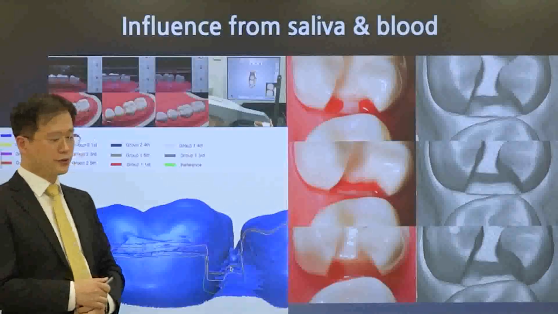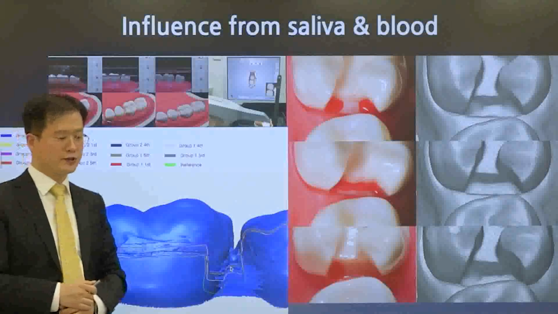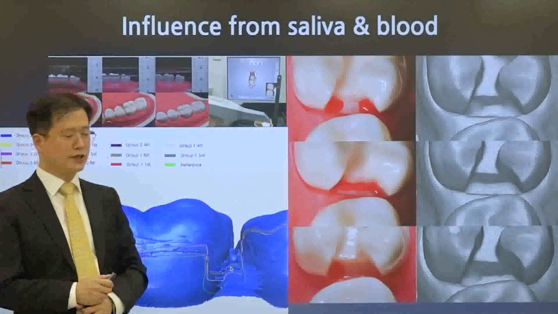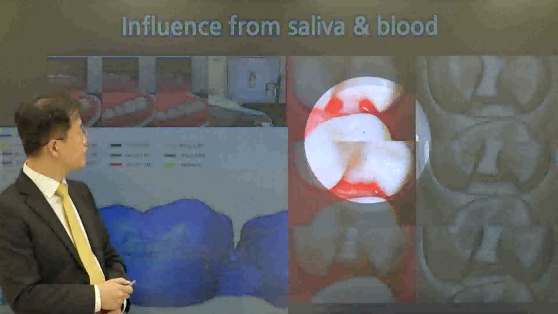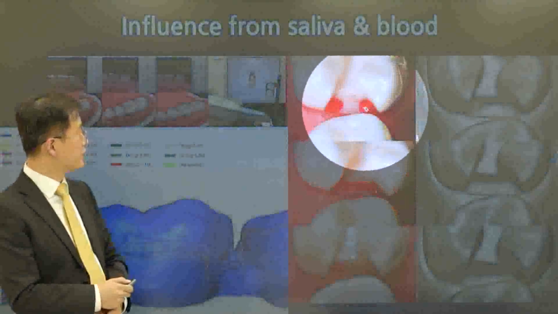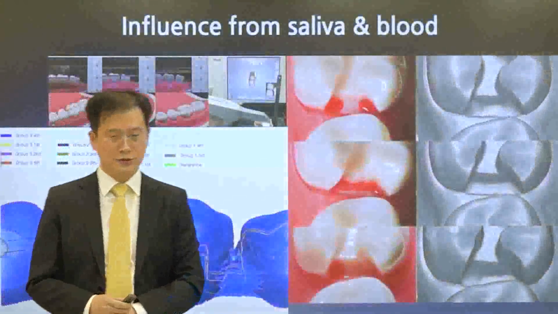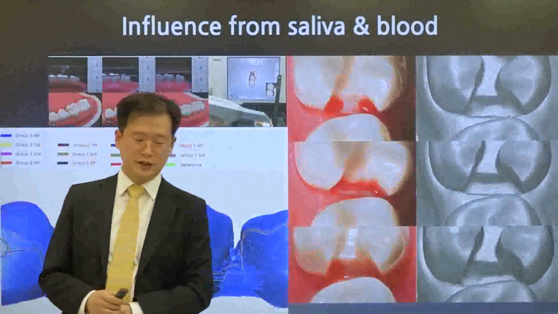It is important to inspect important areas after scanning because blood is recognized as color added to the scan data. As you can see, the blood is also captured as a structure, so you have to inspect the data before transferring this data to the design center.